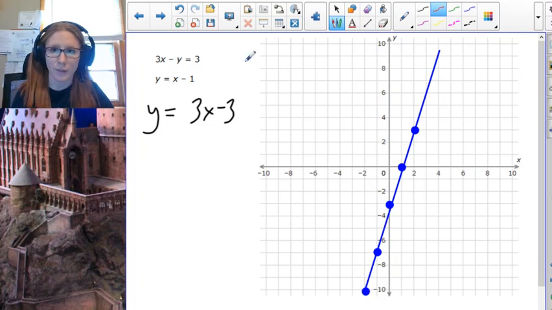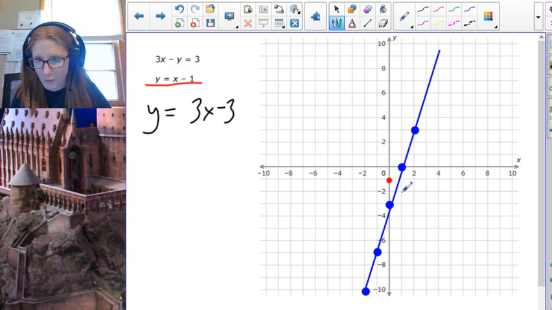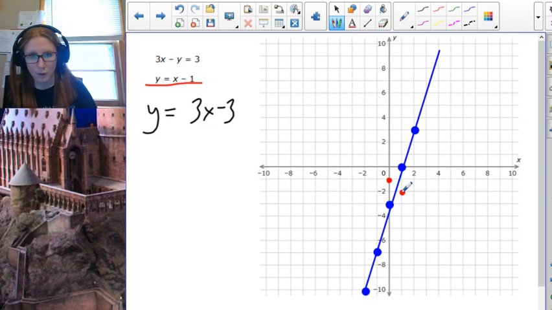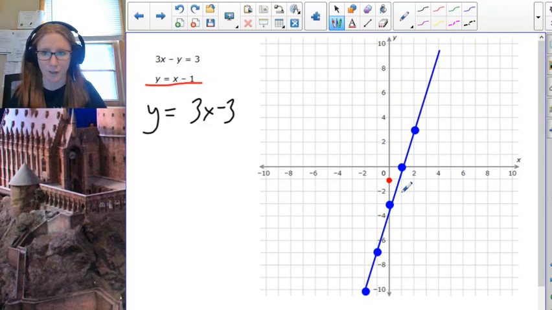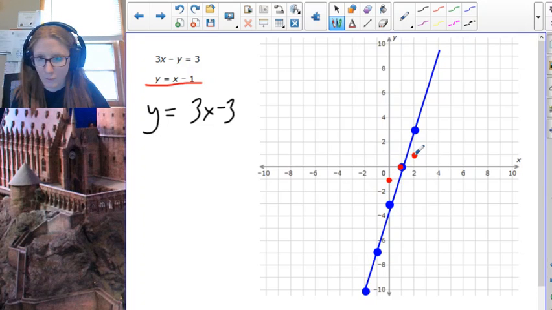And let's go ahead and do the second one now. This one is all nice and ready to go in slope-intercept form for us. So all we got to do is dot my lines. So we start down at negative 1 because this is minus 1 and I have a slope of negative 1. Ooh, not negative 1. I can't read today. Positive 1, up 1, right 1. Up 1, right 1.